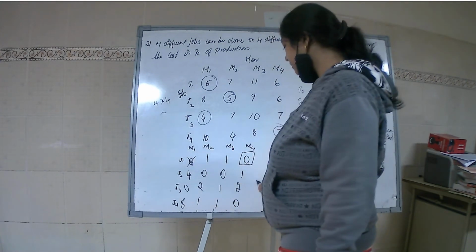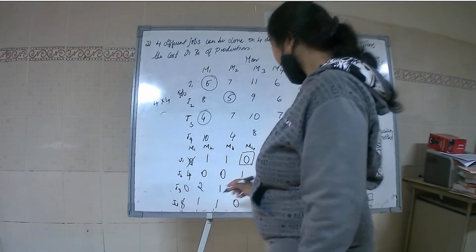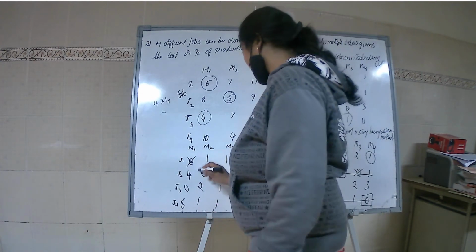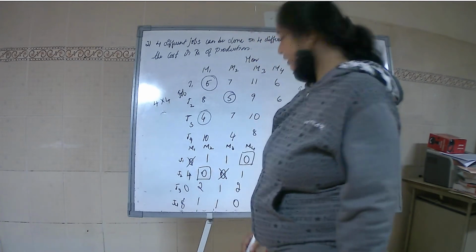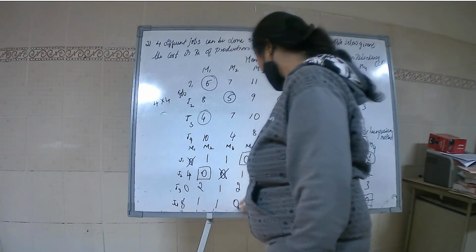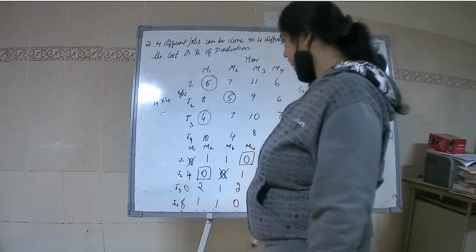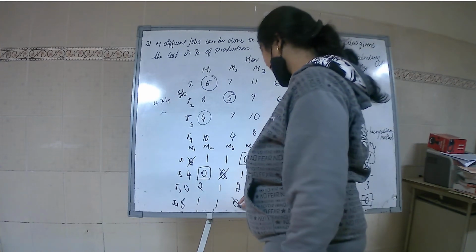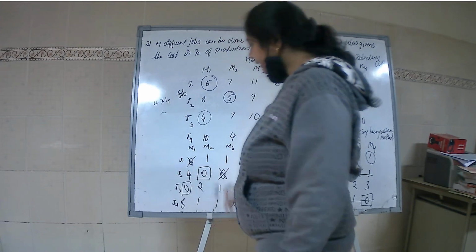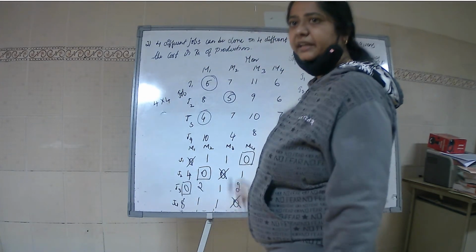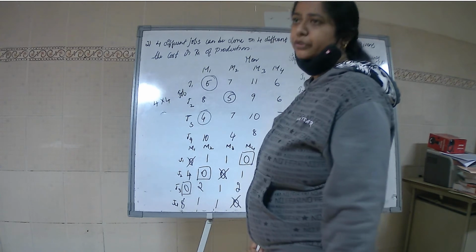Then in this row, anyone I can put. I'll put it for the first and strike this 0. Again you have to solve it. Again the same thing you have to use.